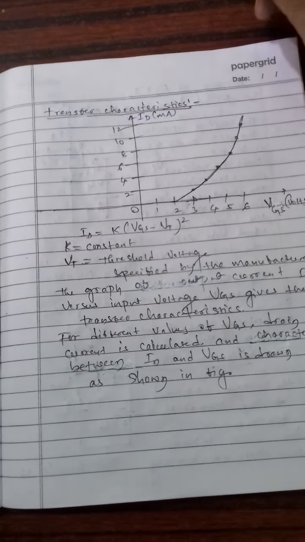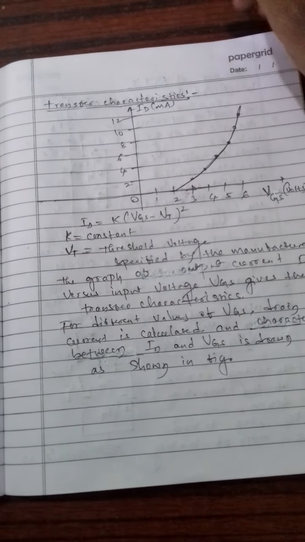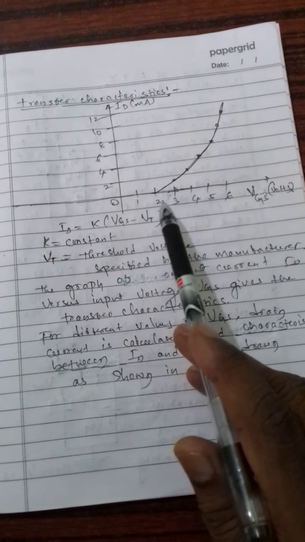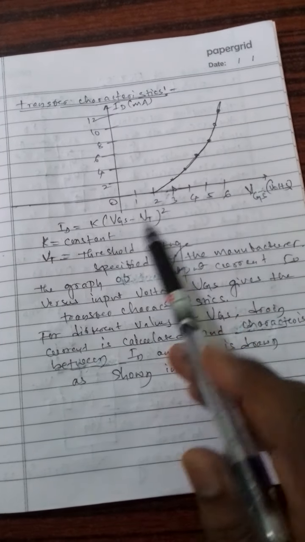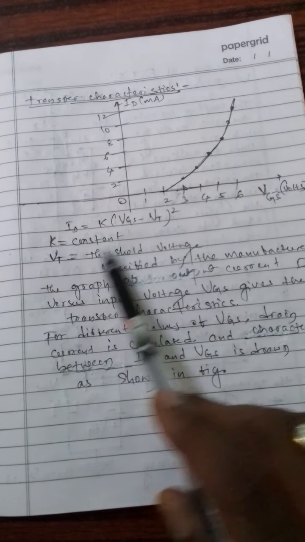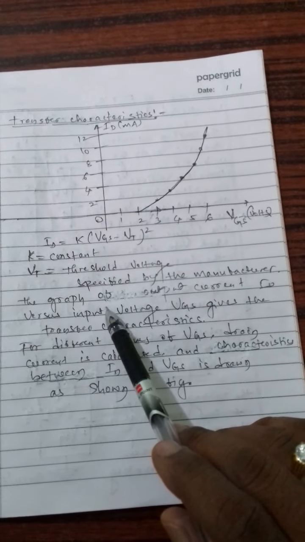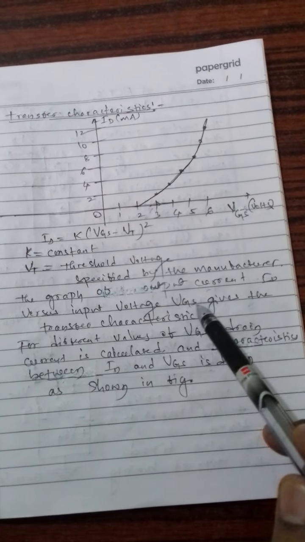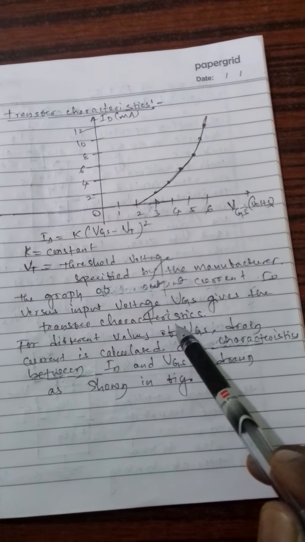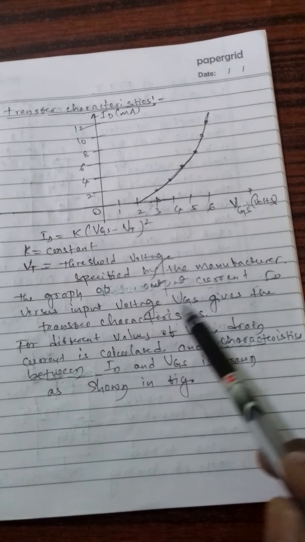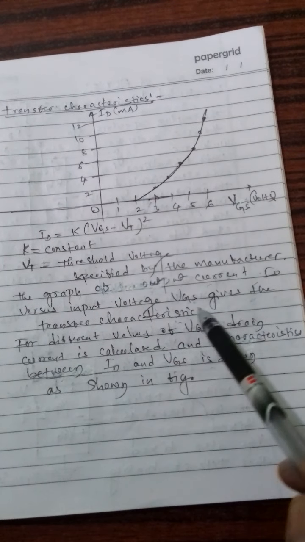Transfer characteristics. ID is equal to K into bracket of VGS minus VT whole square. K is equal to constant, VT is equal to threshold, as specified by the manufacturers. The graph of the output current ID versus the input voltage VGS gives the transfer characteristics.